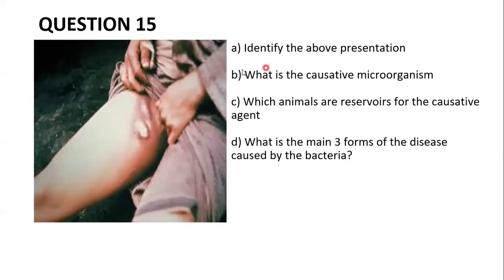Then we go to the next one. Identify the above presentation. You can see here there's some swelling in the inguinal region of this patient. Then what's the causative microorganism? Then the animals that are reservoirs for this organism. Then 3 main forms of the disease caused by the bacteria.